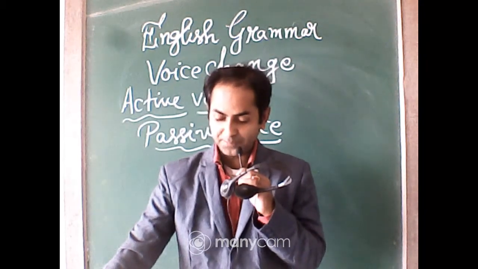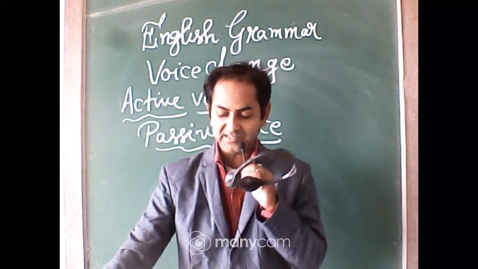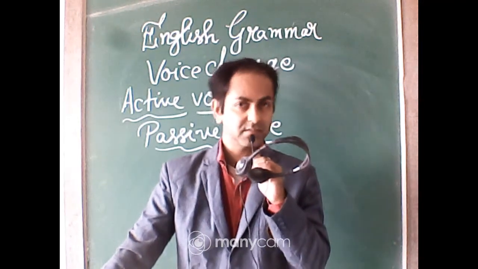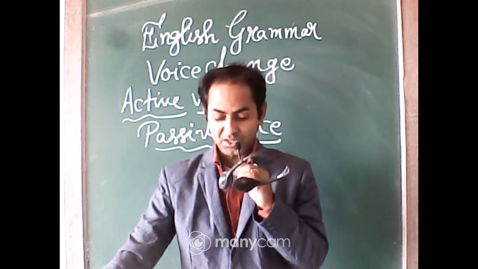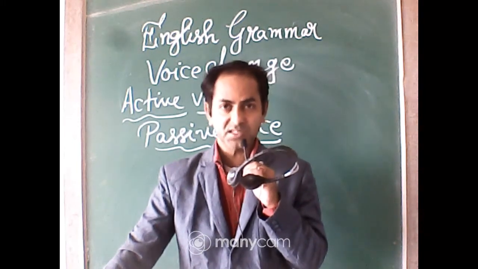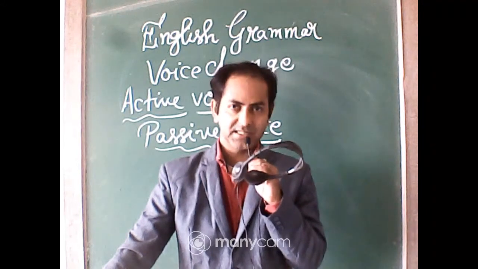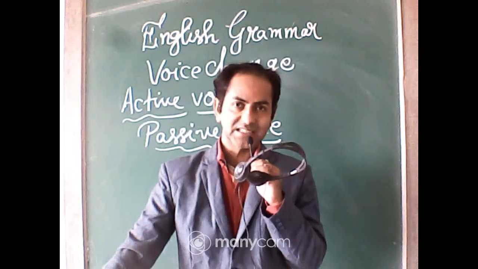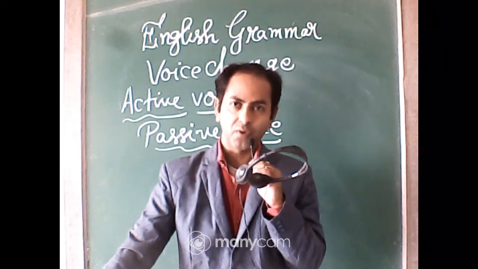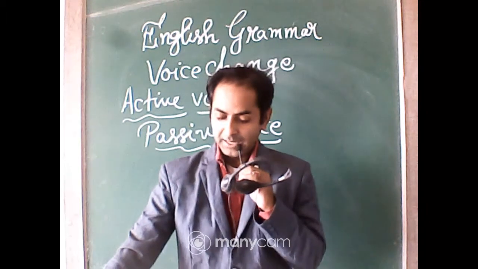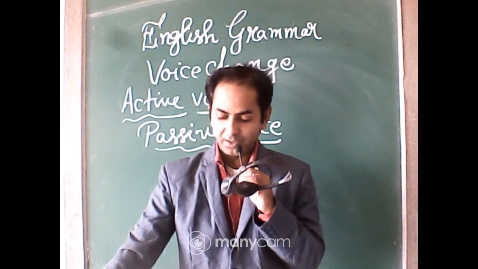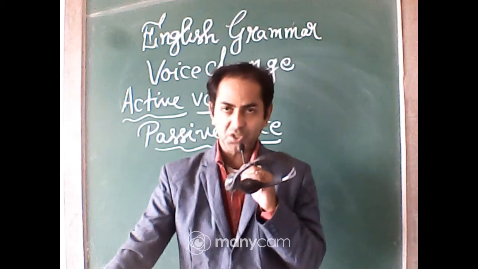When the subject of a sentence does an action, we say that the sentence is in the active voice. So when the subject is doing the work, it is said that the sentence is in active voice. Let us rewrite the sentence given above: A song was sung by Britney Spears.